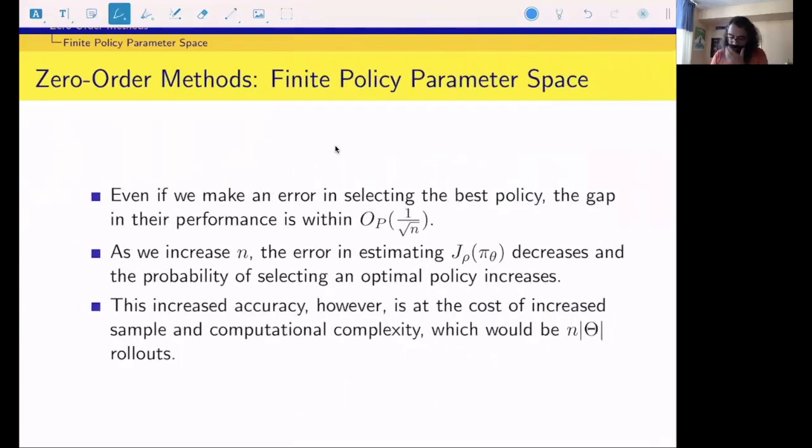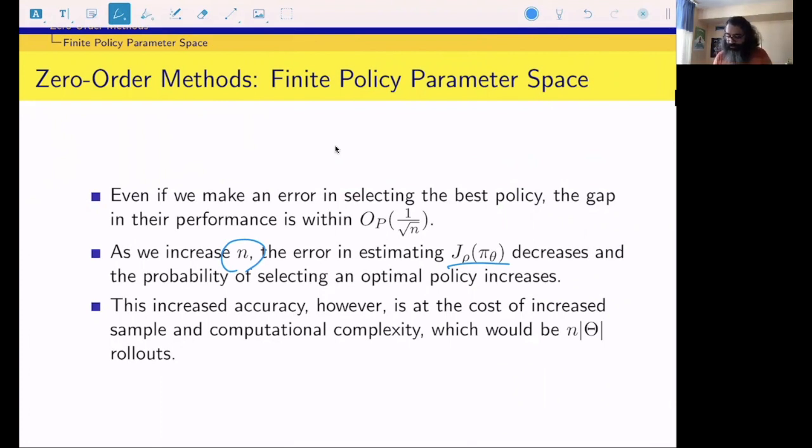So yeah, these are basically what I was just saying. As we increase n, the error in estimating decreases and the probability of selecting the optimal policy increases. But this increased accuracy comes at the cost of increased computation or an increased number of samples required.